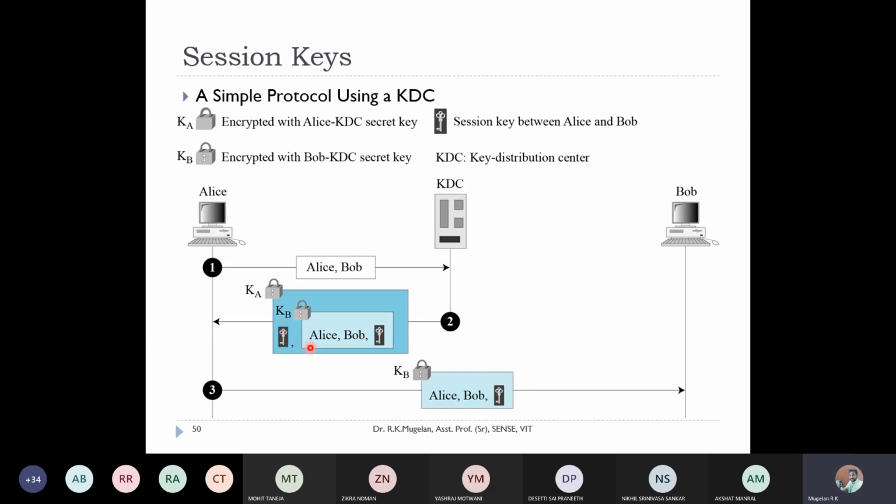Then it will contain a packet intended for Bob, which will be encrypted using the key K suffix B, which is a key known only to the KDC and Bob. So this packet will be transmitted to Bob so that Bob can open the packet and get the session key. This is the basic process involved whenever a KDC comes into the picture.